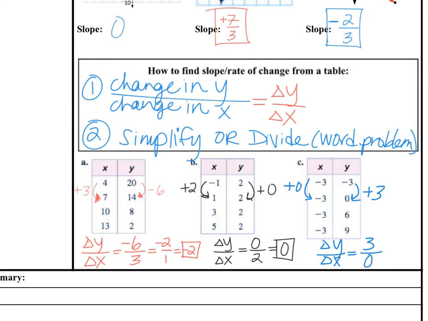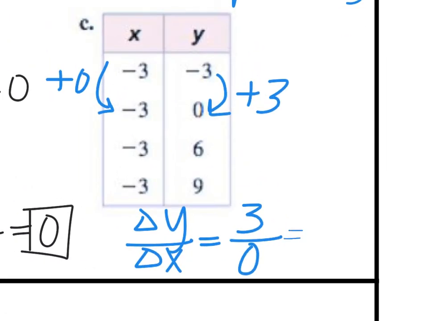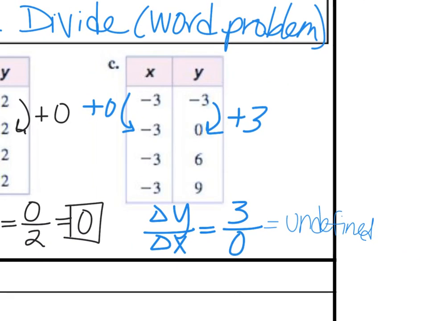What is that equal to? 0? 3? No. Do you know what it is? Hey, you cannot divide by 0 in math. When you see this happen, it's undefined. This is a vertical line. This is not allowed. You cannot divide by 0. It is not 0. It is undefined because it's a vertical line.